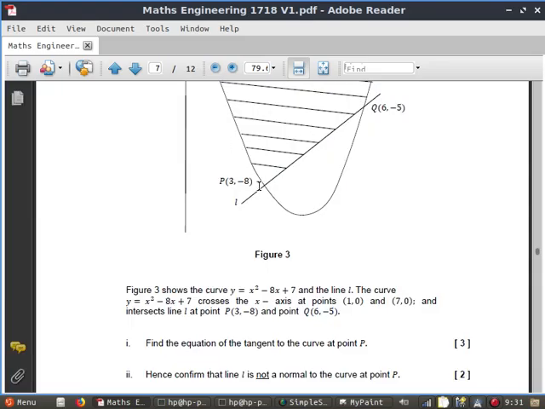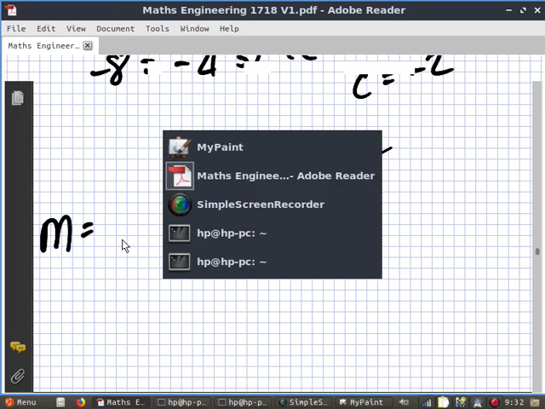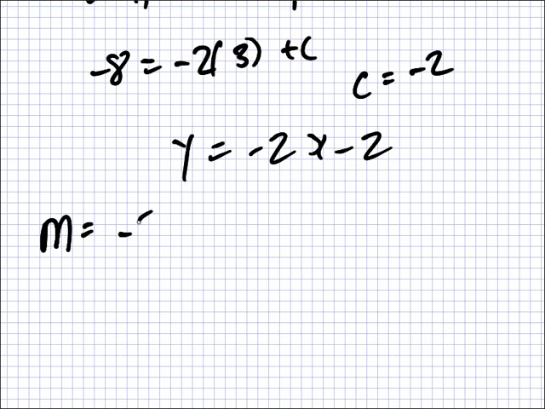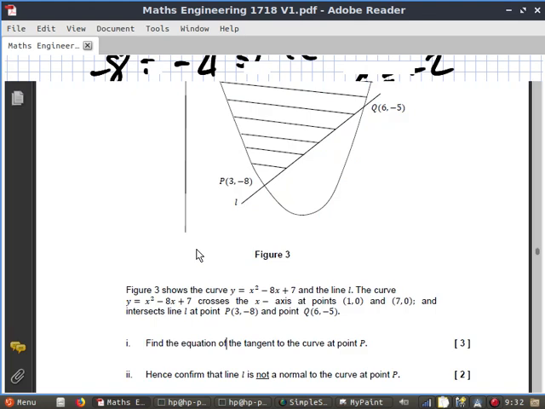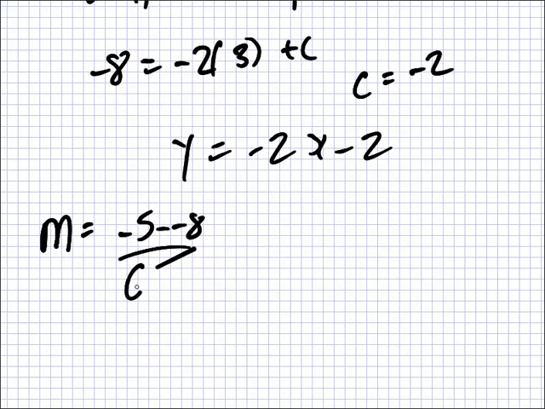Check if this is a normal to the tangent. What do you mean? It's perpendicular or parallel. They want you to show it's not perpendicular. So we just show the m is correct. The m is minus 5 minus minus 8, over 6 minus 3.